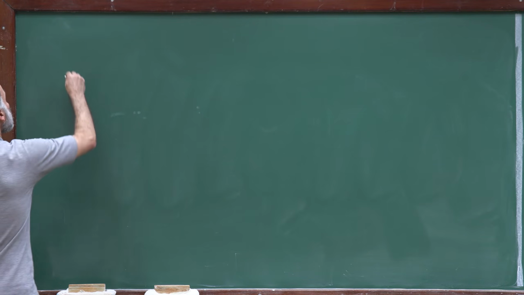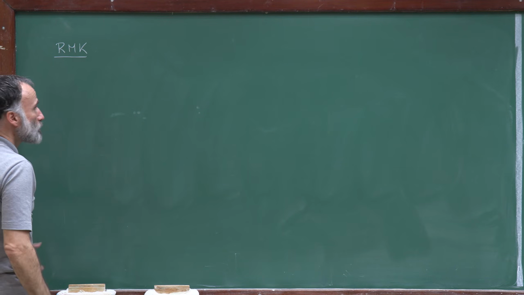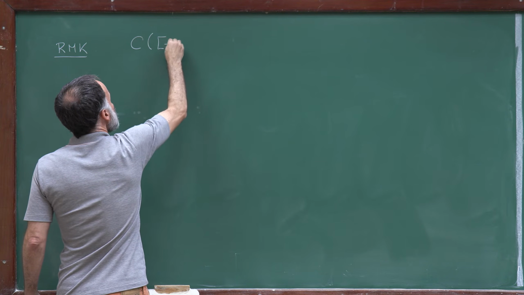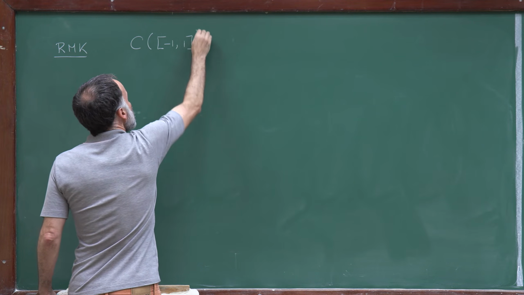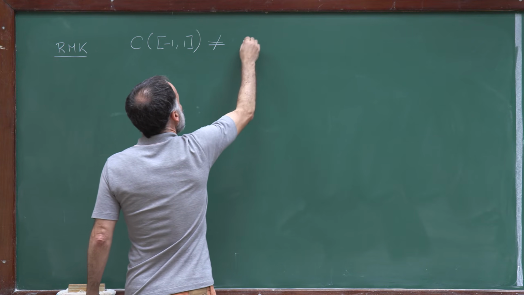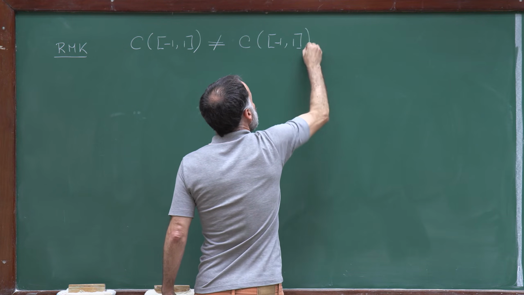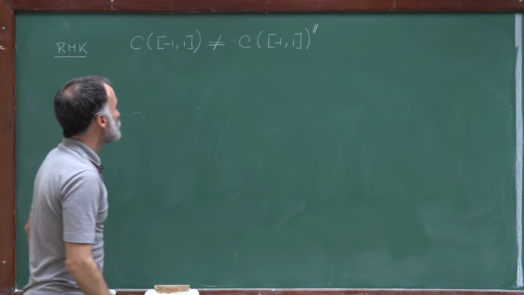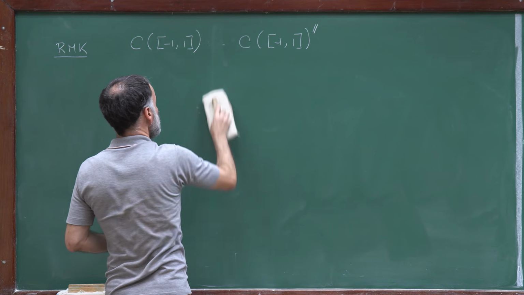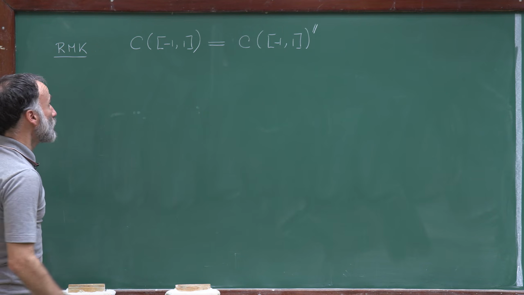Just a remark on the previous theorem is that it gives us another proof of the fact that the space of continuous functions on [-1, 1] is not reflexive. All right, because again, we will proceed by contradiction. So suppose they were equal.